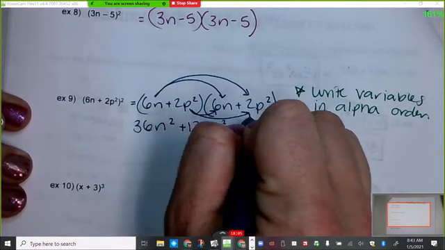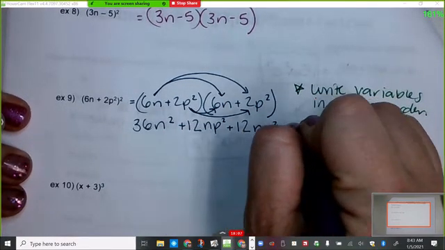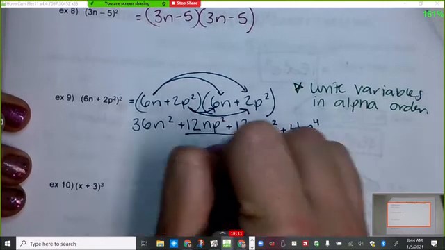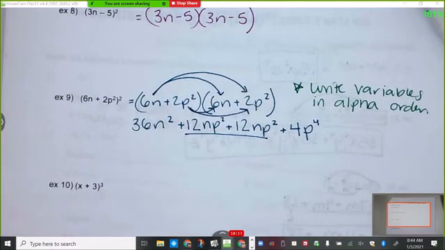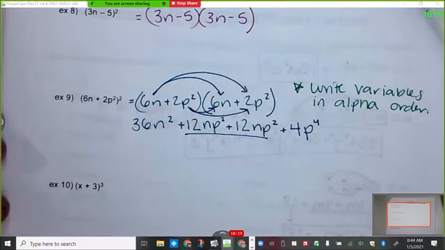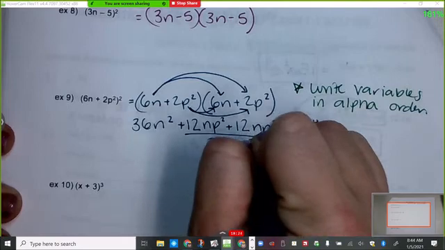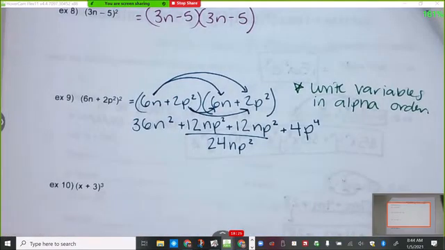2p squared times 2p squared is 4p to the what power? 4th. The middle two are like terms. Remember, when you're combining like terms at the end, you're just adding coefficients. None of the exponents change. So this becomes 24np squared. Now, I want you to recognize something.